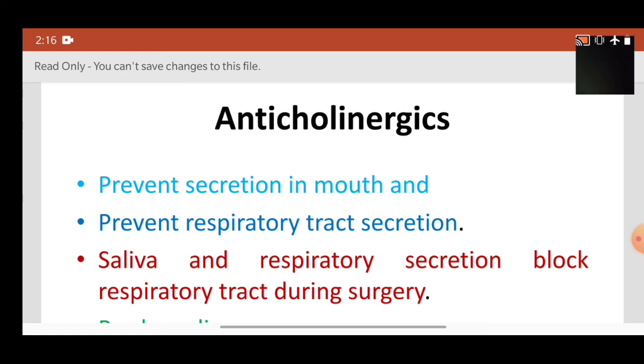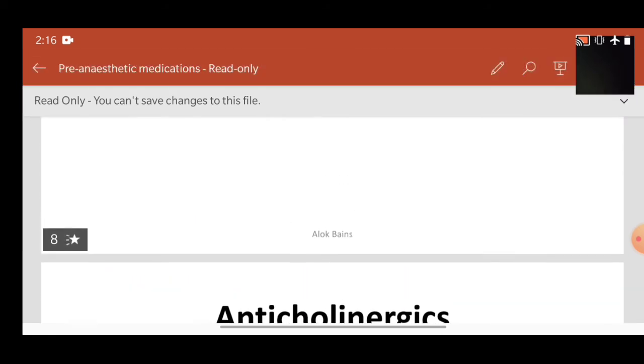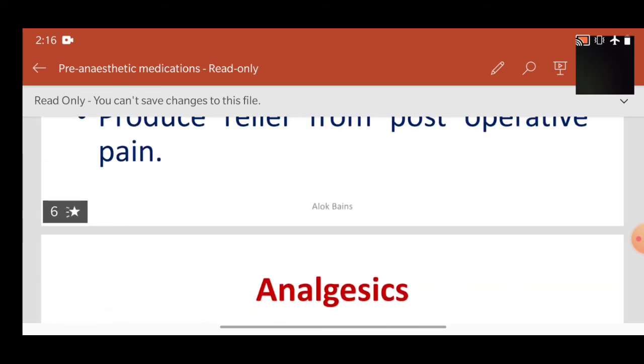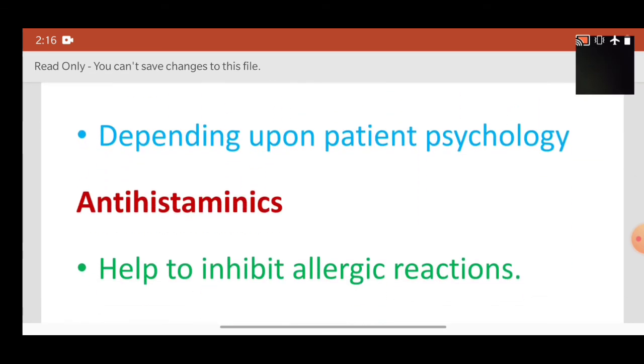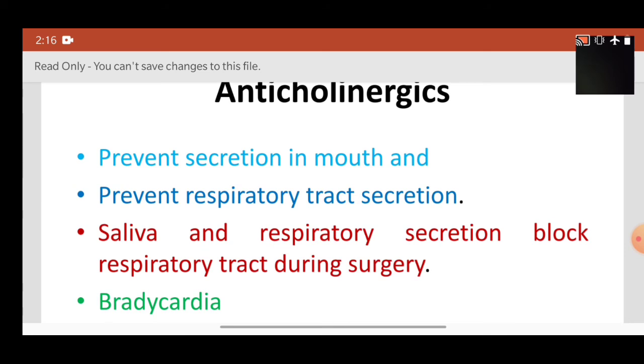And next category is anticholinergics. We have studied three categories. Number one is the analgesics, number two is the sedatives, and number three is the anticholinergics. These anticholinergic drugs prevent excessive secretion of saliva in mouth.